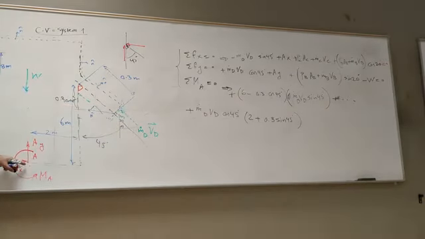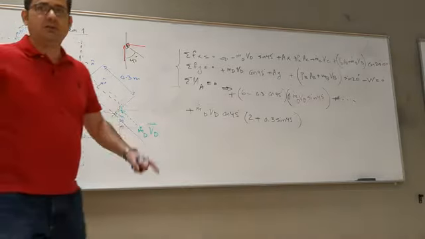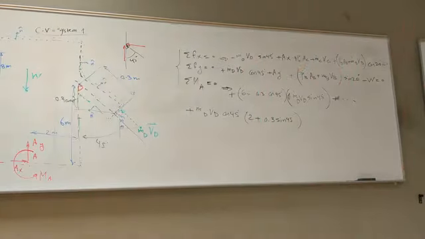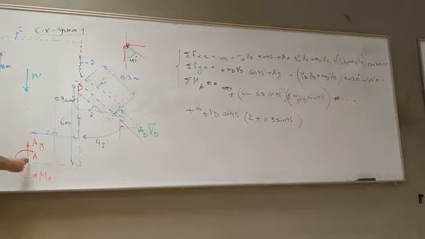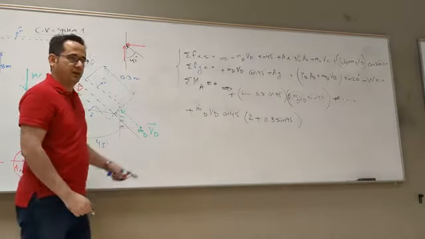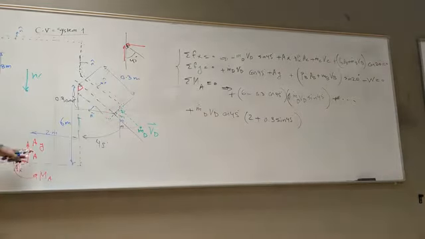Then I go here. What contribution do I get from Ax? 0. Thank you. What do I get from Ay? With respect to this point, zero, because my reference point is A. And what do I get from MA?